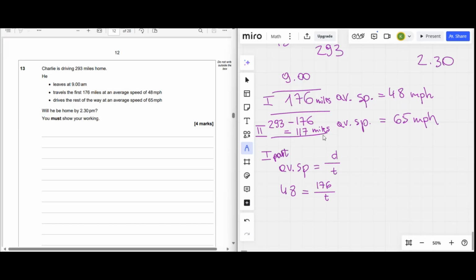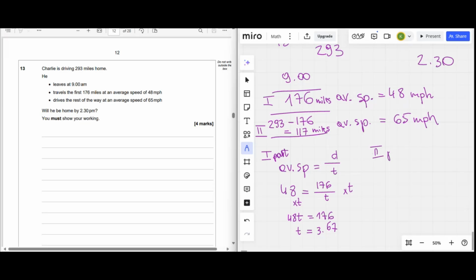Okay, so let's times both by t. We need to rearrange the formula to make t the subject. Time is 176 by 48, which is 3.67.